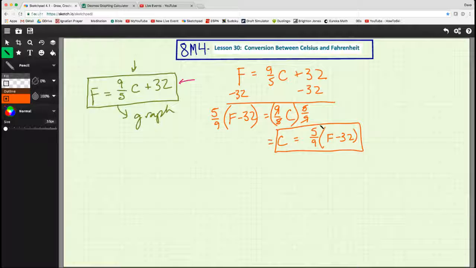So if you wanted to put this in graphing format, you'd have to distribute, and you'd say, well, Celsius equals 5/9 F minus 32 times 5 is 160 over 9, which is equal to 5/9 Fahrenheit minus, well, let's see, 160 divided by, I'm on my calculator right now, divided by 9 is 17 and 7/9.